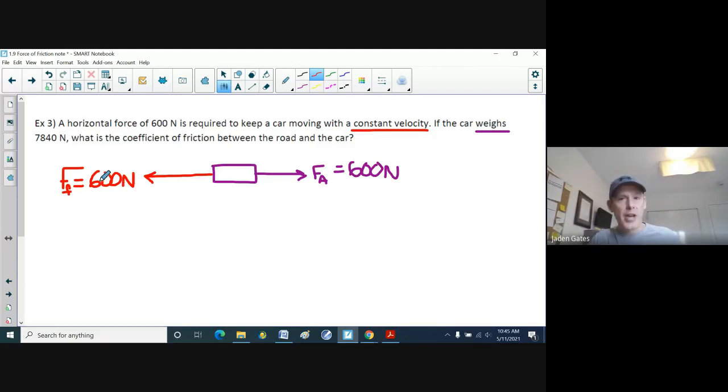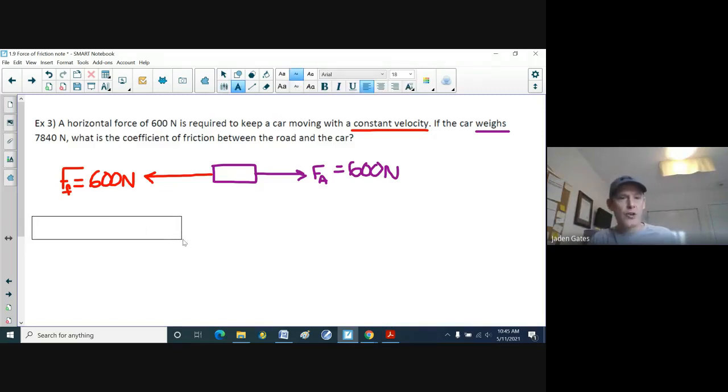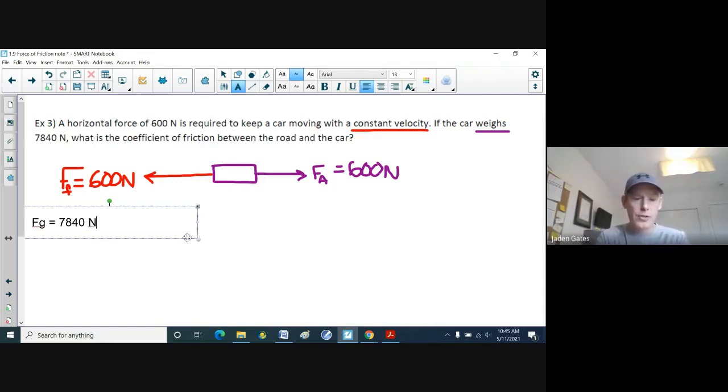So that's one thing I have here. Now, the car weighs 7,840 newtons. That's a nice way of saying your Fg, your weight, is 7,840 newtons.